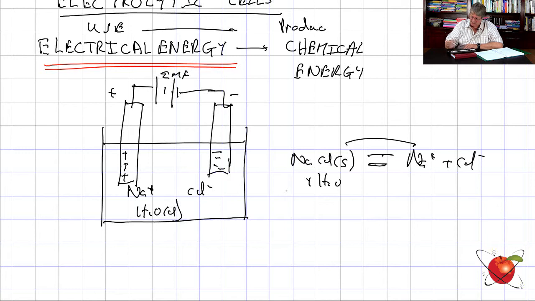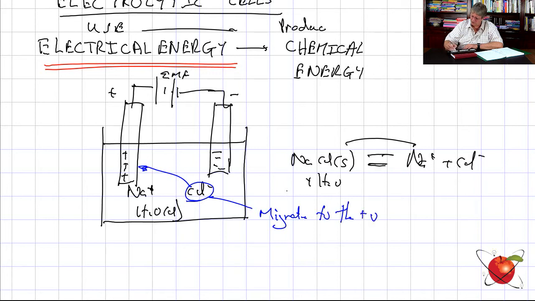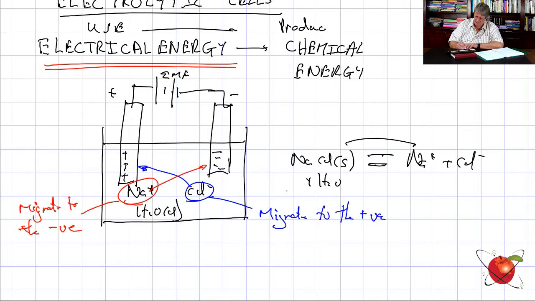I then look and I say, right, in the water here the chlorine is negative, so it is going to migrate to the positive. And the Na, I'll do that one in red, the Na is going to migrate to the negative.